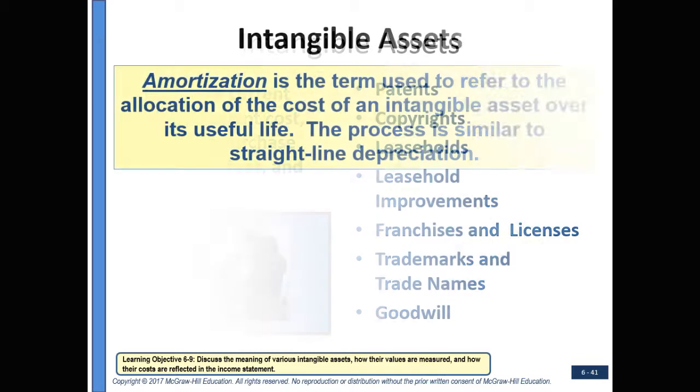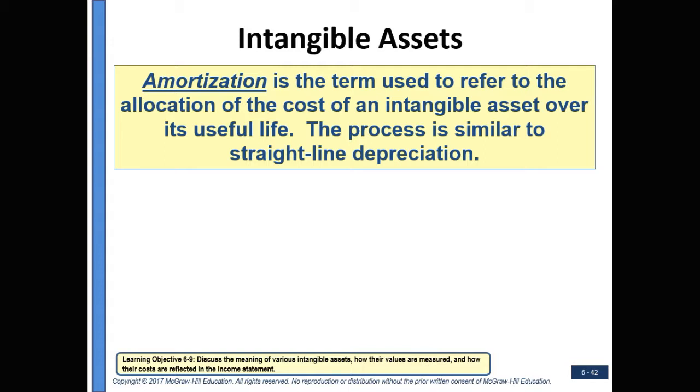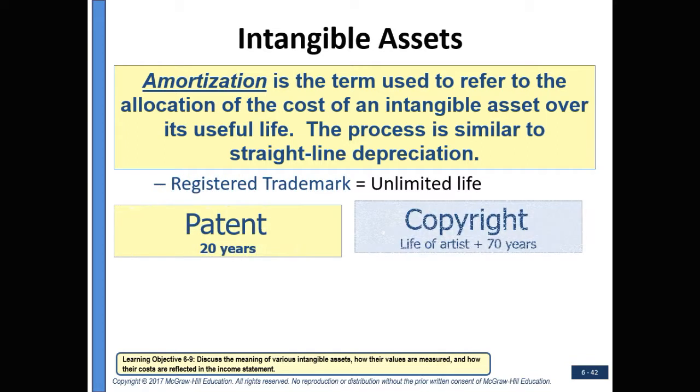With an intangible asset, we do not engage in depreciation. We use what is called amortization. Amortization is the term used to refer to the allocation of the costs of the intangible asset over its useful life. It is a very similar process to straight-line depreciation. The legal life for a patent is 20 years.